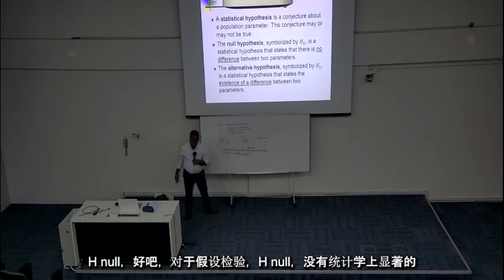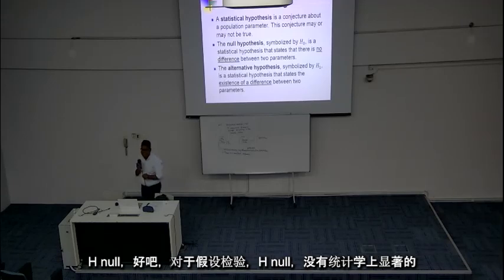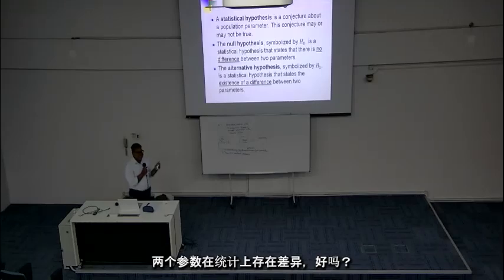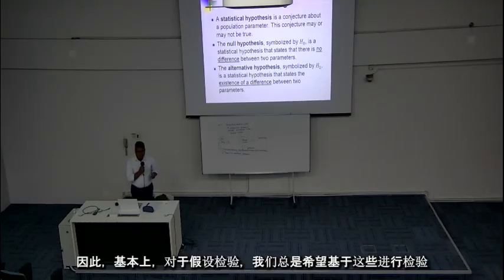For hypothesis testing, H null says there is no statistically significant difference between two parameters, but for the H alternative there is a statistically significant difference between two parameters. So basically for hypothesis testing, we always want to test based on these two.